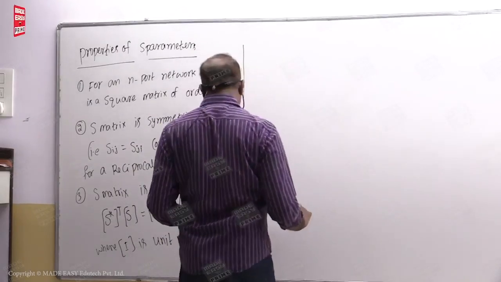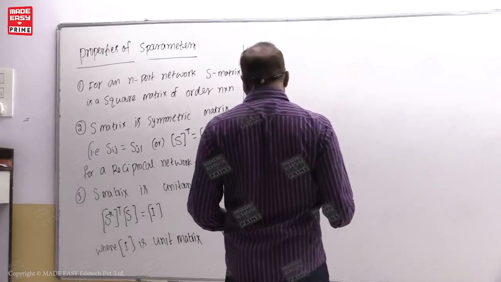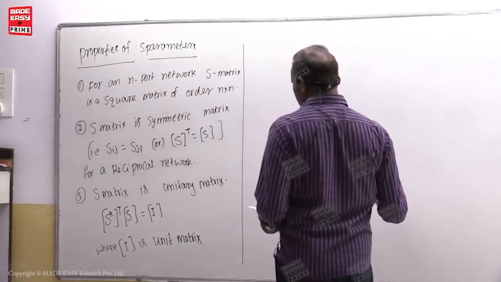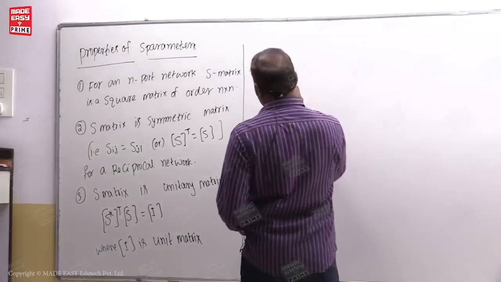So you may get these properties in objective questions. Then you must say yes, it follows unitary matrix, like that you have to say.